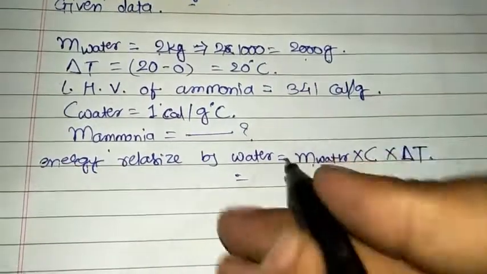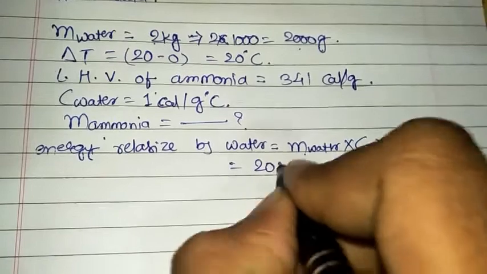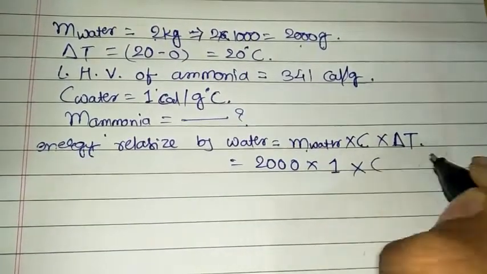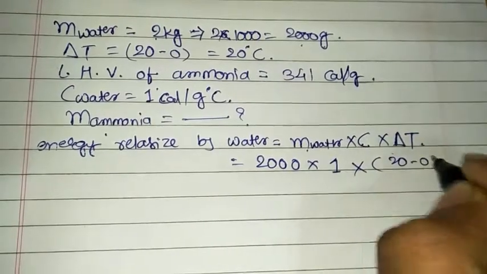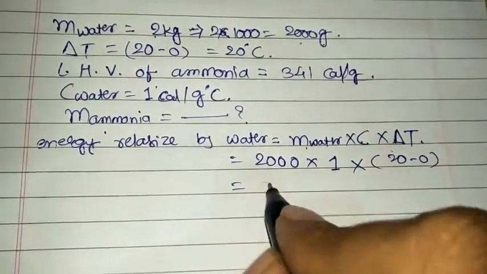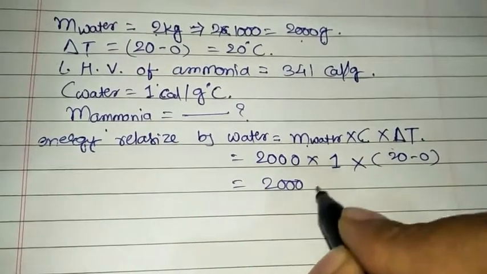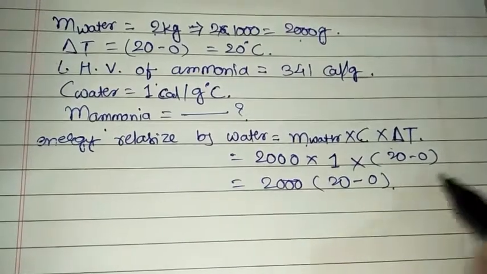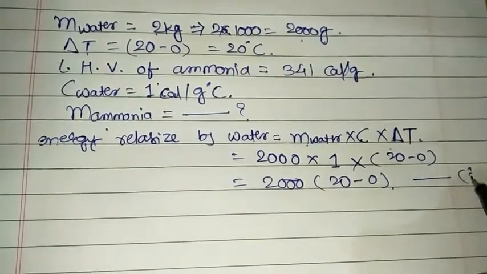So put the values here: 2000 into specific heat capacity, that is 1, into change in temperature, that is 20 minus 0, which means 20 only. So here we got the equation, that is 2000 into (20 minus 0). Okay, make the equation first.